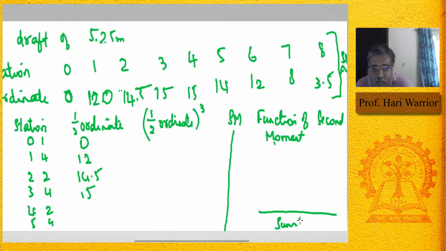I did it wrong. I did the wrong thing while cubing. Sorry. At least one person should get this. 49,825. Slight difference, I don't know why, but that is okay. If you get 49,000, then I'll let it pass, it's fine.